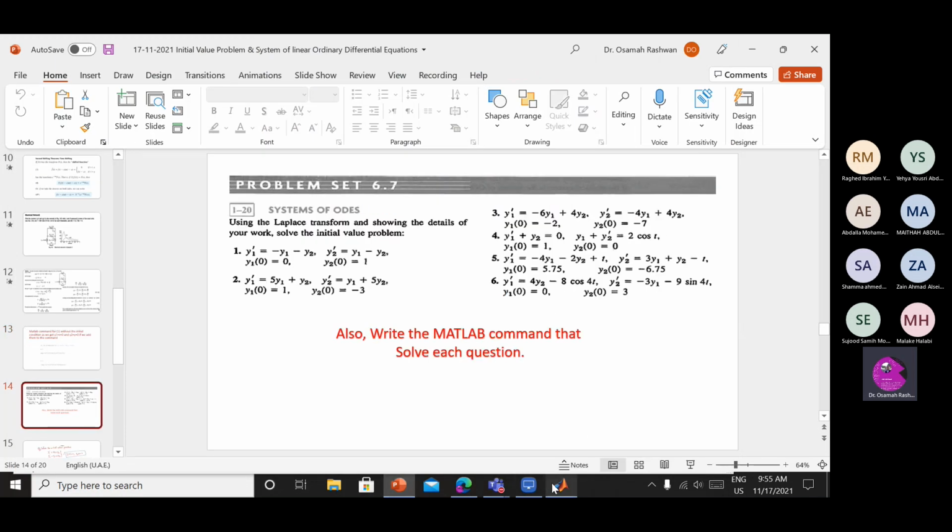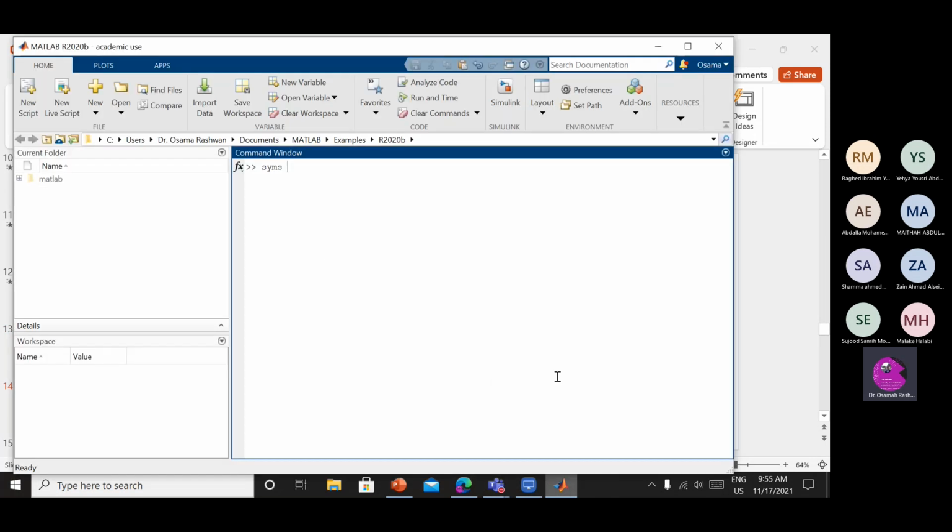Syms y, you call it y1, okay, y2, semicolon. Yes, the command is dsolve.